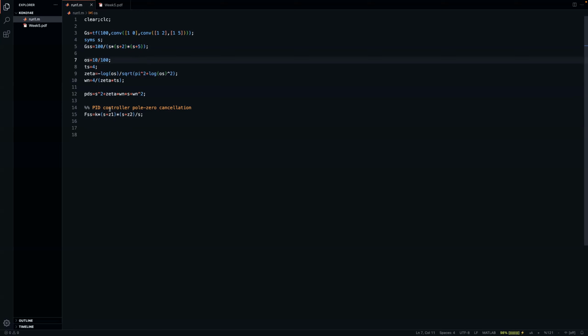So we place a zero of the controller right on top of the pole of the plant so that they will get rid of each other. Why would we do such a thing? Well, if you remember the fact that TS is equal to 4 for this case, you might pick up on something. Namely, if you think about it, this would actually give us sigma equals 1. So the real part, which is this here, or zeta omega n, which is also called sigma, that should be equal to 1.